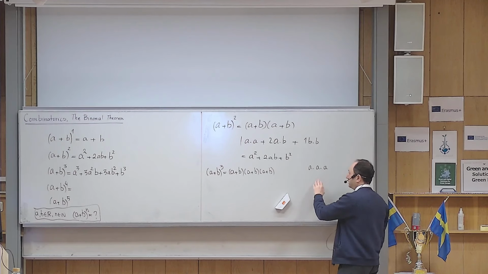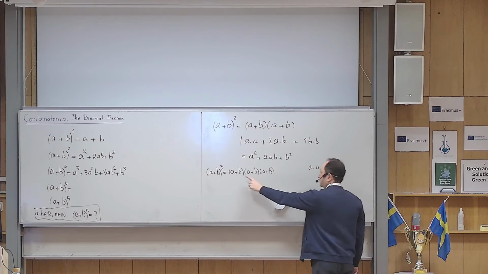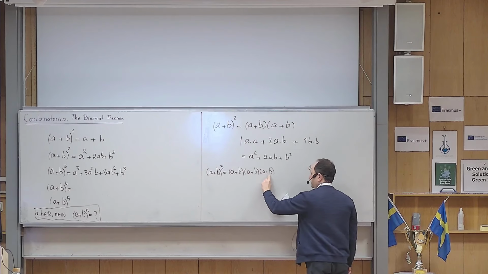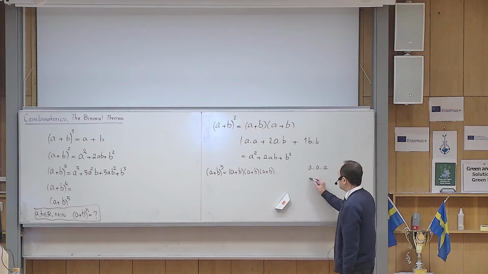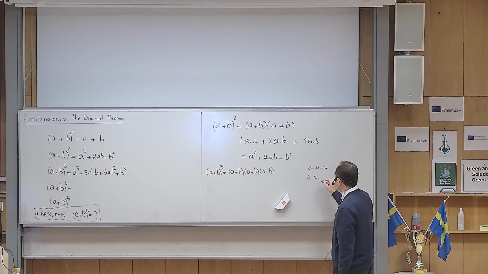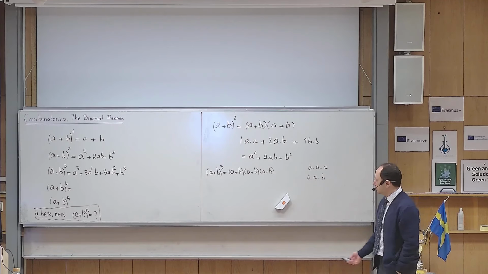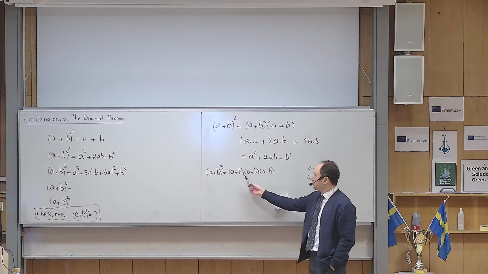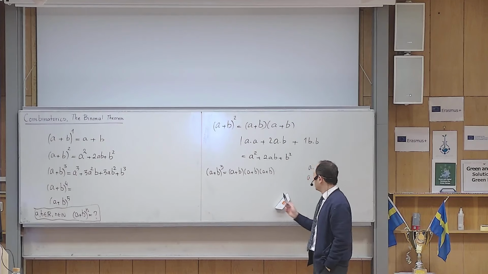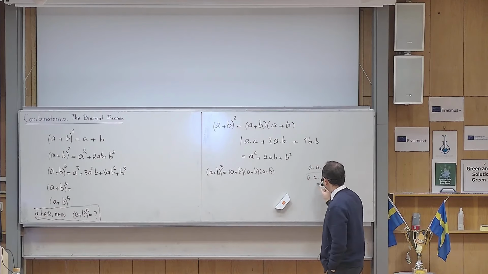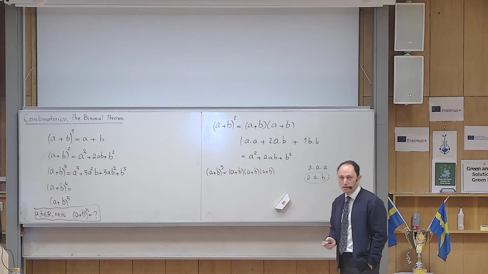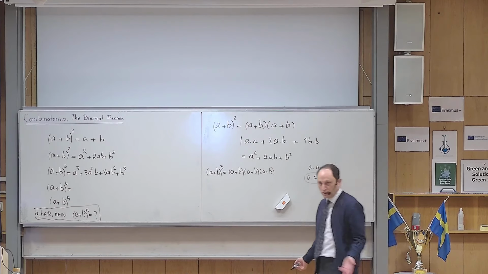And that is for the case when I am choosing A from here, A from here, A from there. But is it possible that I have 2 A's and 1 B? Yes, that's possible because I choose 2 A's and 1 B. But the problem is, in how many ways can I choose 2 A's and 1 B? Yes, that is 3.